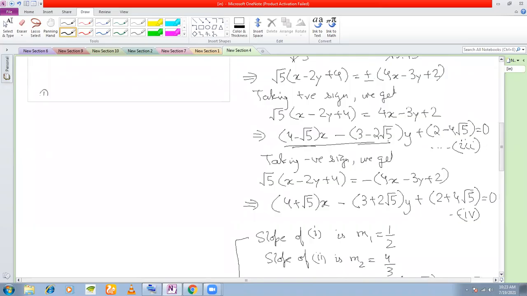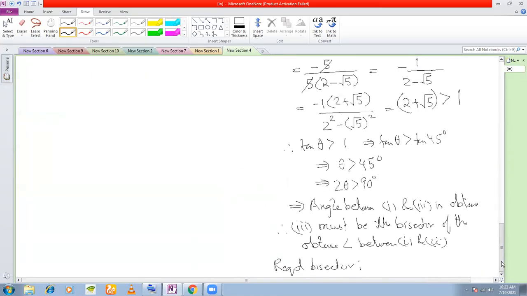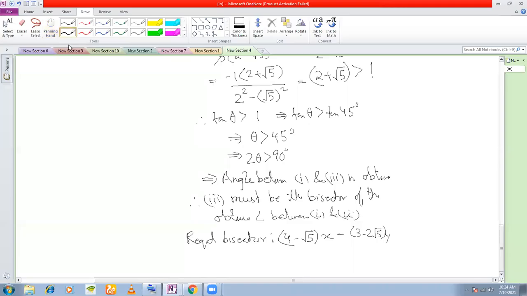Yeah, this one. 4 minus root 5x minus 3 minus 2 root 5y plus 2 minus 4 root 5. This is the bisector of the obtuse angle between the lines.